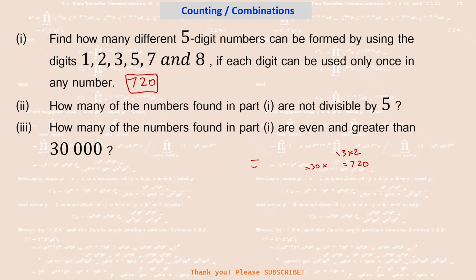For the next part, how many of the numbers found in part 1 are not divisible by 5? So if we can find ones that are divisible by 5, and then I can subtract from 720, so I should get the numbers that are not divisible by 5.